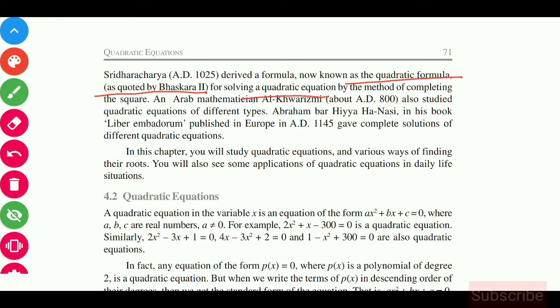For solving quadratic equations by the method of completing the square, an Arab mathematician Al-Khwarizmi also studied quadratic equations of different types. Abraham Bar Hiyya Ha-Nasi, in his book Liber Embadorum, published in Europe in AD 1445, gave complete solutions of different quadratic equations. In this chapter, you will study quadratic equations and various ways of finding their roots. You will also see some applications of quadratic equations in daily situations.